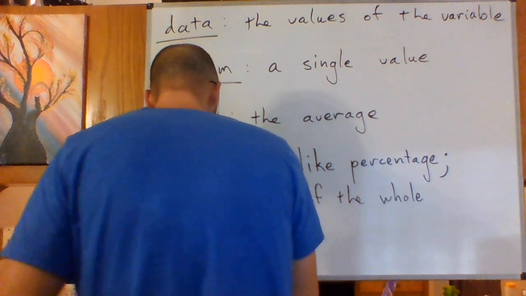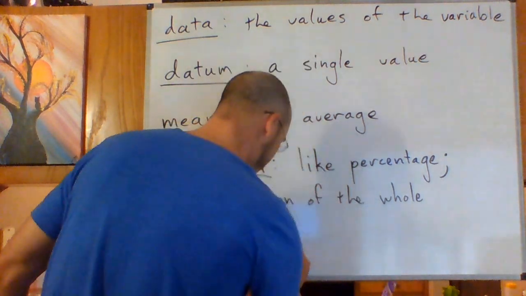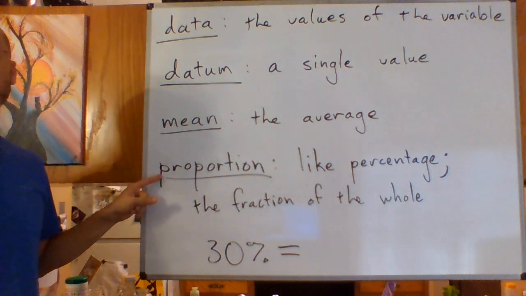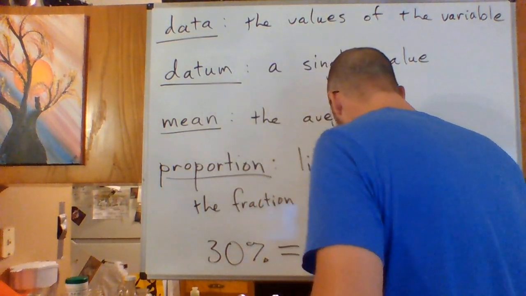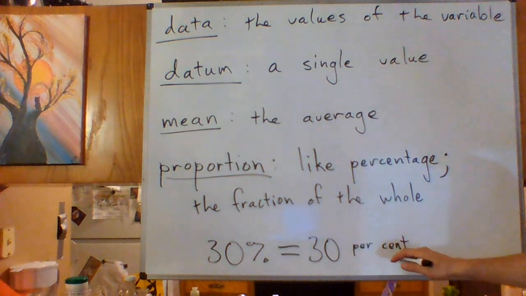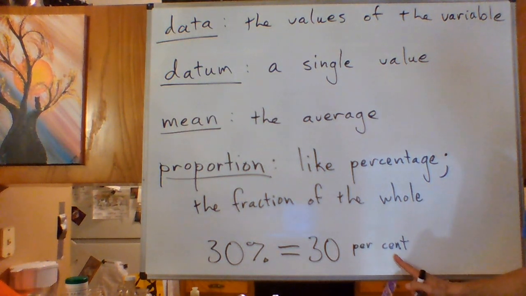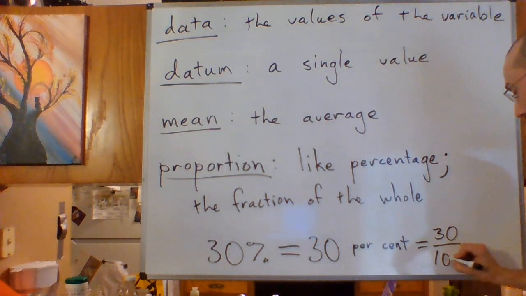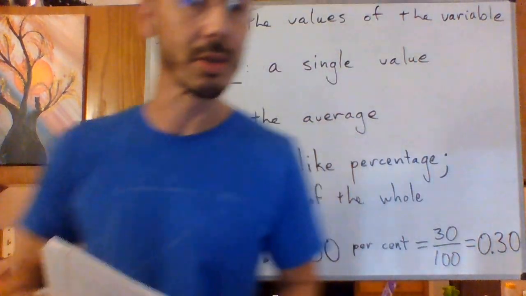So the example I want to do is something simple. 30% is the percentage, but as a proportion, the fraction of the whole is 30%. I'm going to write that out as words, but also space out the parts of the word: per cent means 100. This 30% is 30 per 100, or 0.30, 0.3 even.